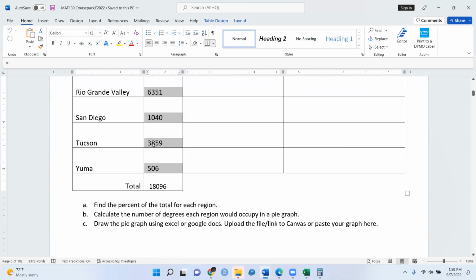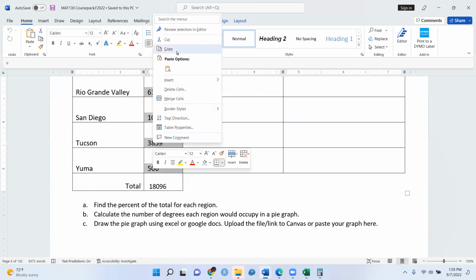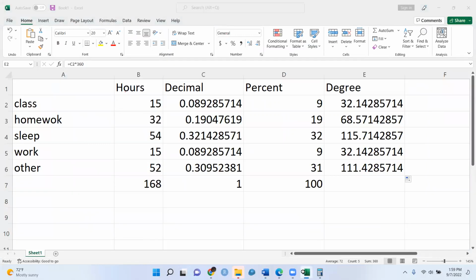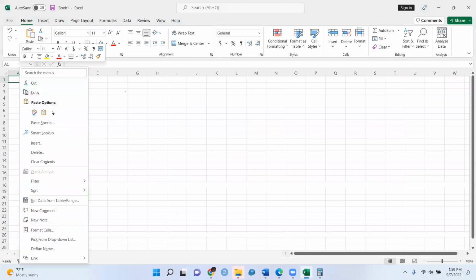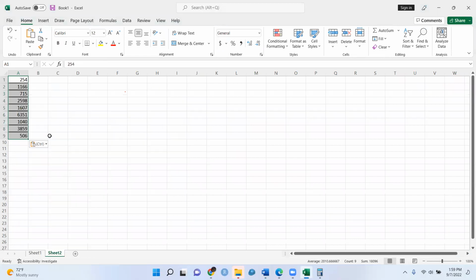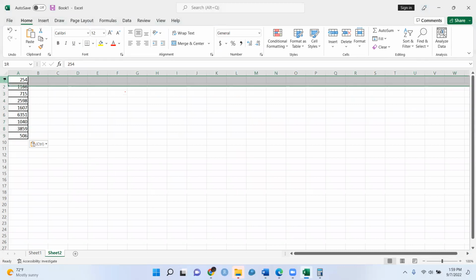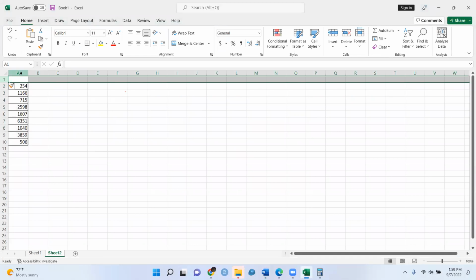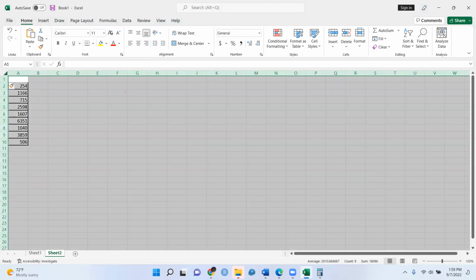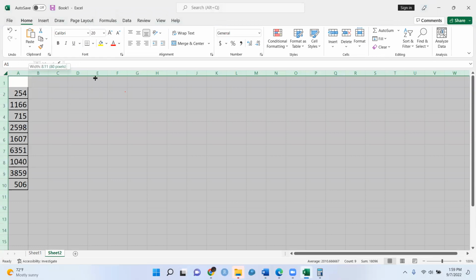I selected it, and then I right click and click copy. Then I go over to Excel, right click again and paste, and there's all the numbers. Now, if you want the words to go with it, you can do that too. Notice I'm increasing the font so you can actually see what's going on.